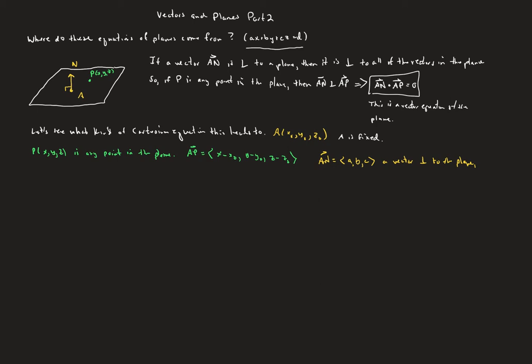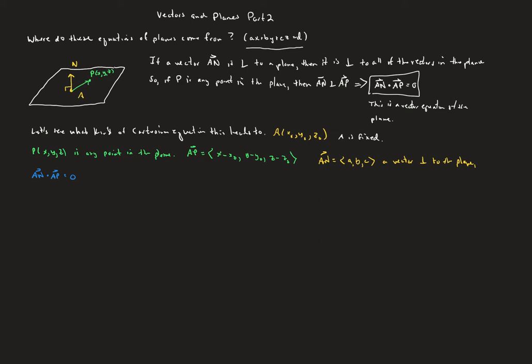So what we know then is that n, our normal vector or vector perpendicular to the plane, dotted with AP, must be equal to 0. That's what it means. So you can kind of see that there's our vector AP and there's our vector n, no matter where we put P in the plane, it's going to be true that n dotted with AP is going to be 0.